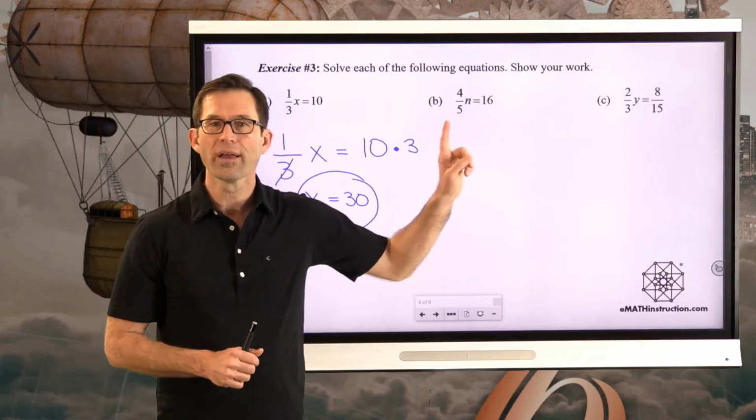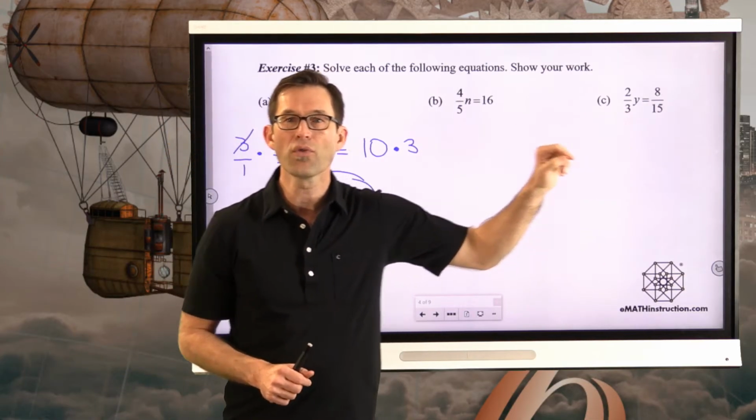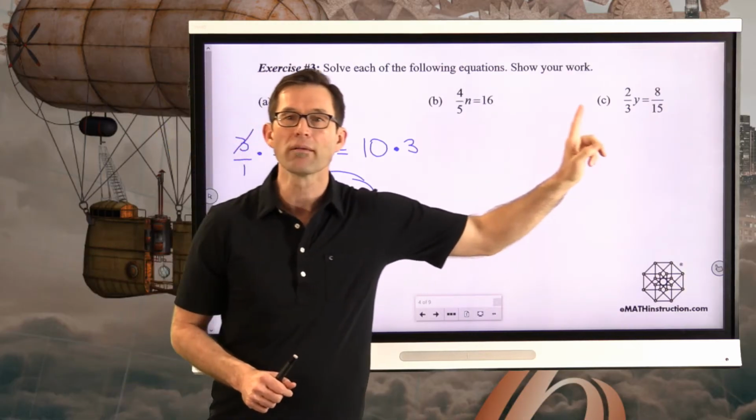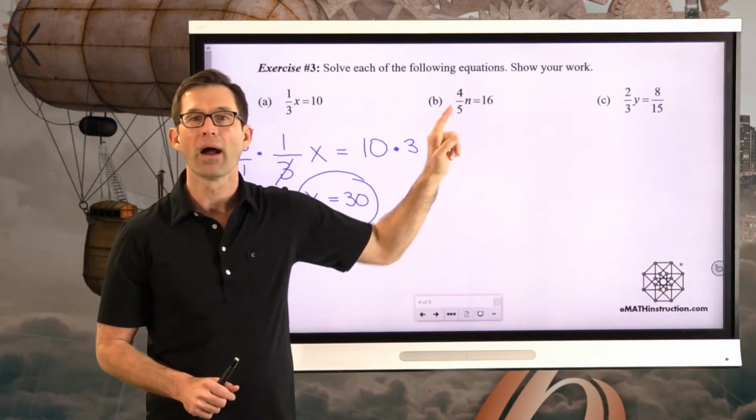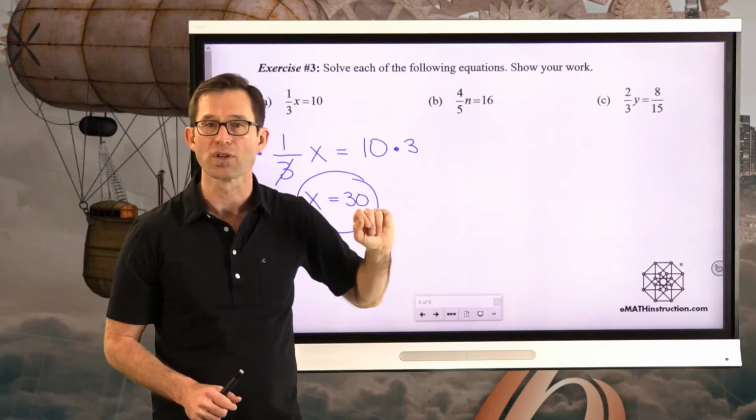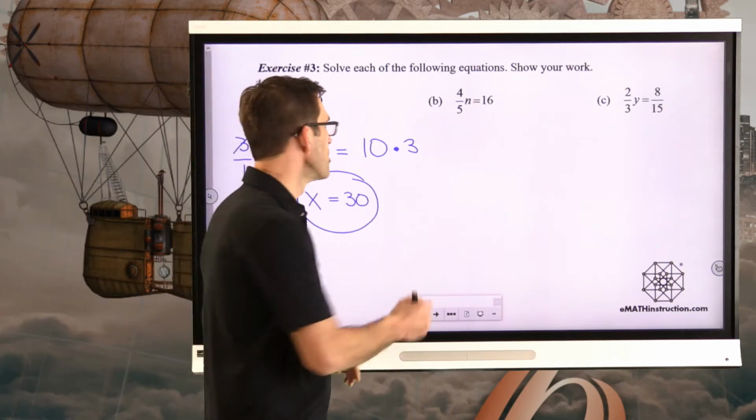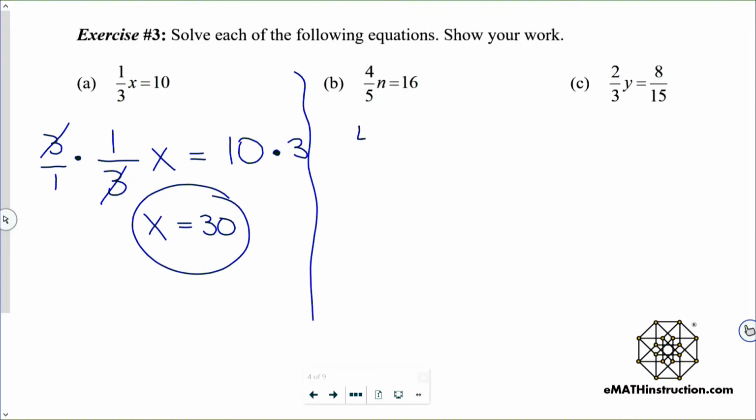We can actually isolate the variable in both cases by multiplying both sides of the equation by the reciprocal of this fraction. Let's do it together in letter B. So if I have 4/5 times n is equal to 16, you could certainly divide both sides by 4/5. But dividing by 4/5 is the same as multiplying by 5/4.